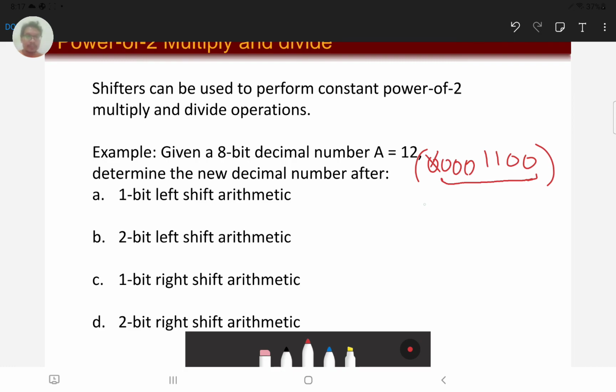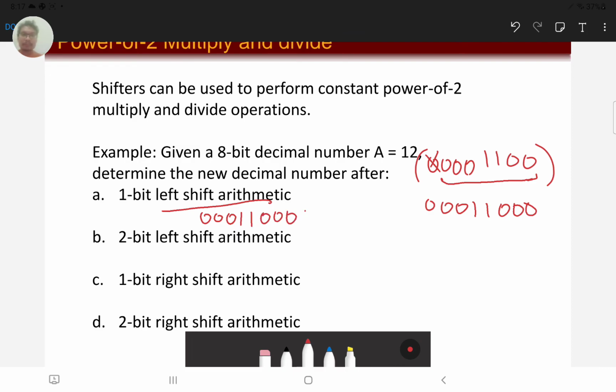So what happens is you get 0 0 0 1 1 0 0 0. It's an arithmetic left shift. So that's the answer here, 0 0 0 1 1 0 0 0.